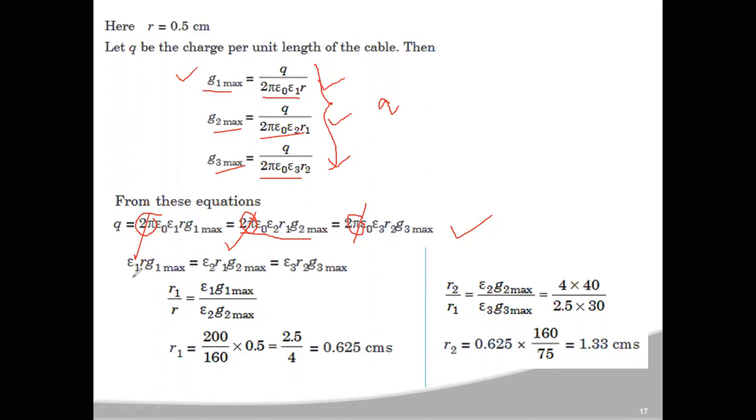Now if you consider the first two, R1 by R is equal to epsilon 1 G1 max by epsilon 2 G2 max. So this value you will get. You know the small r value, epsilon 1 and epsilon 2 are also known, and G1 max, G2 max are also given.